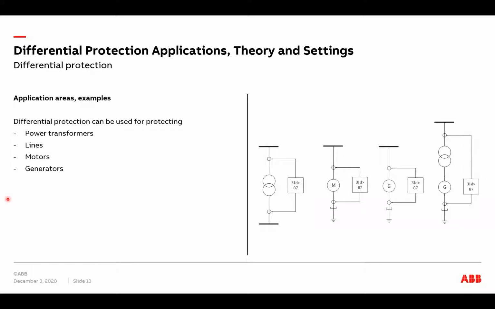So let's have a look at in which application areas we can use differential protection in general. Well, first of all, as this topic explains, we use differential protection for protecting power transformers.